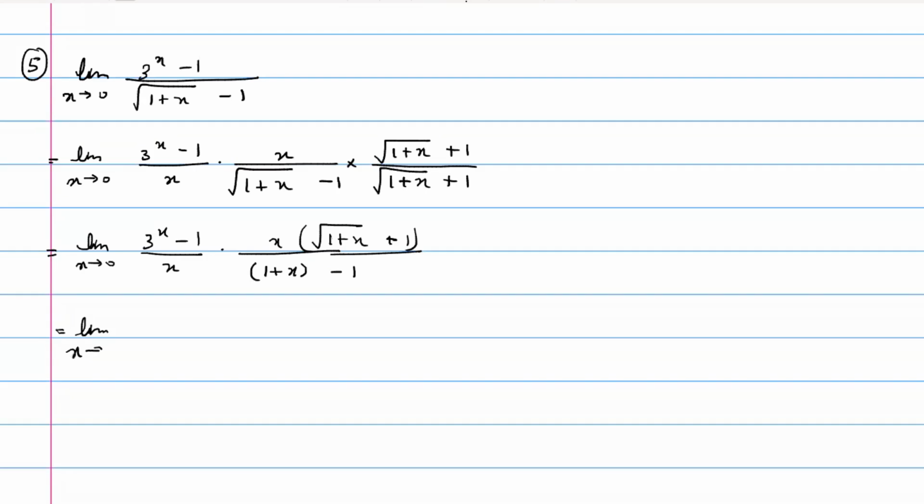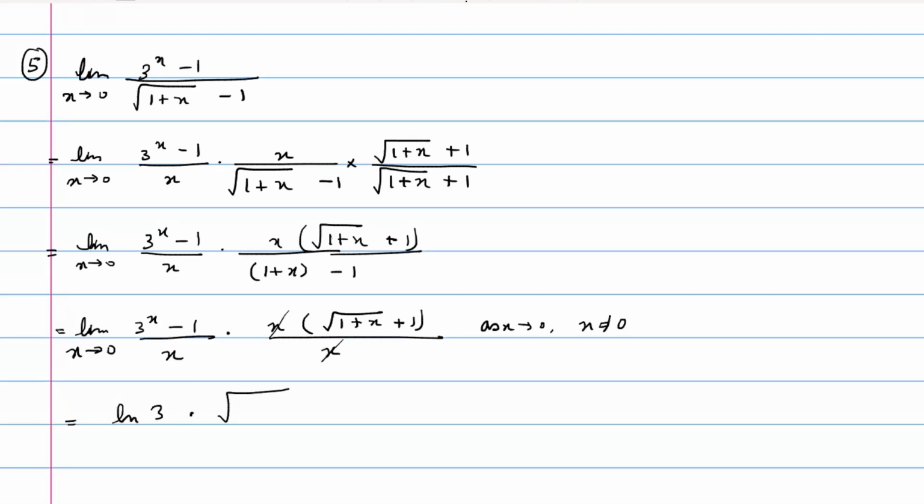So you have limit x tends to 0, this is x, you have x, and this is under root 1 plus x plus 1, upon x. So again, as x tends to 0, x is not equal to 0, so you can cancel this. Taking the limit, here you get ln 3 and into 1 plus 0 plus 1. So this will be 2 ln 3 as an answer for number 5.